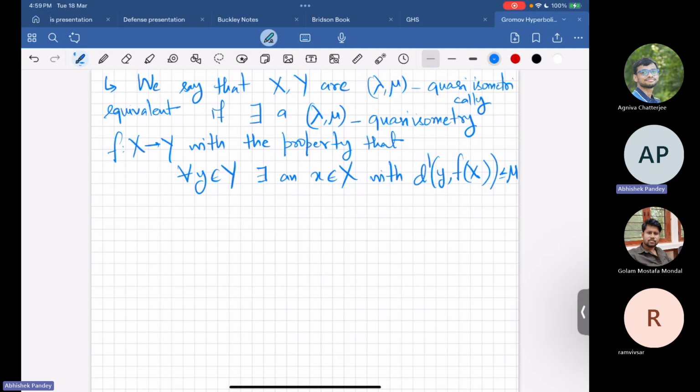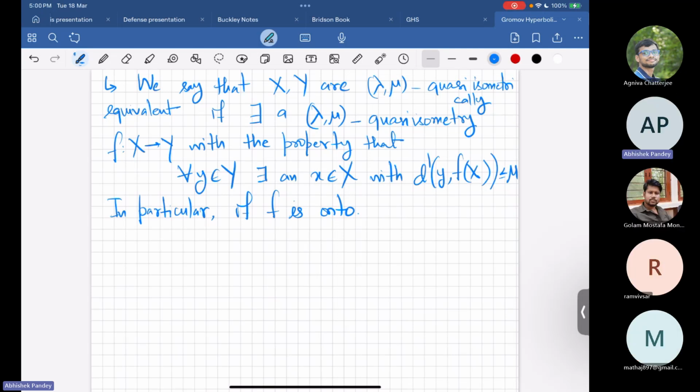Okay, so in particular, if f is onto, meaning for every y there exists an x such that f(x) is equal to y, then if you take d'(y, f(x)), this will be 0 at that point x.